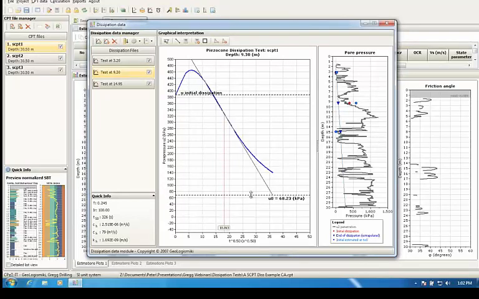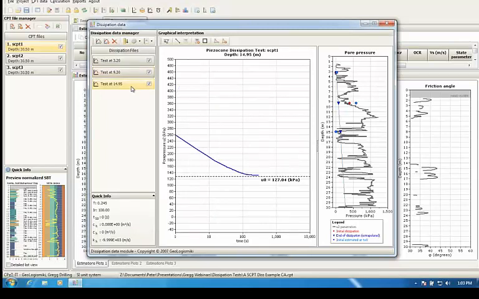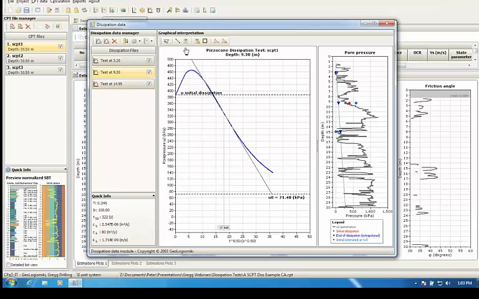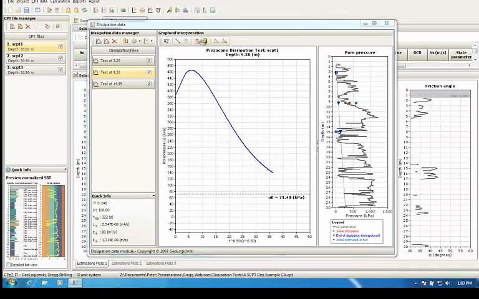Now, the program does have a nice feature that when you've done this interpretation, it begins to show the estimated initial excess pore pressure as the circle, the red is the starting point, and then the triangle is the equilibrium. And so if you do that for all of them and compare those triangles with your assumed hydrostatic, you can determine whether or not it agrees with the hydrostatic.